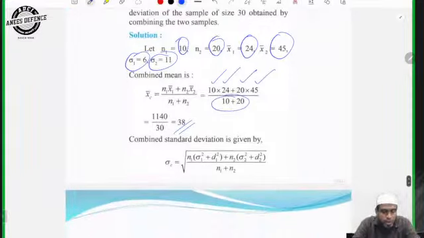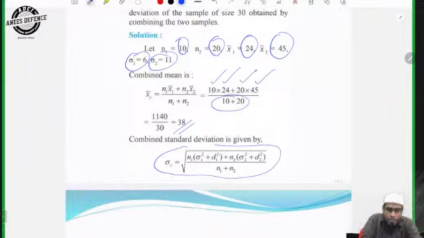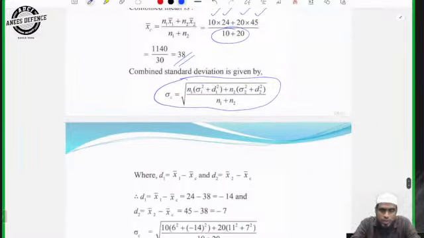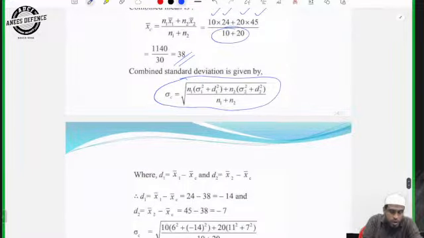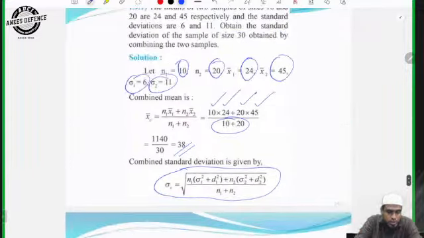The combined standard deviation can be calculated by this formula: sigma c equals the root of n1 into sigma 1 square plus d1 square, plus n2 into sigma 2 square plus d2 square, divided by n1 plus n2. What is d1? x1 bar minus xc bar. xc bar is 38 and x1 bar is 24.